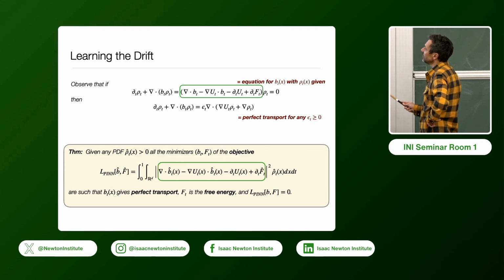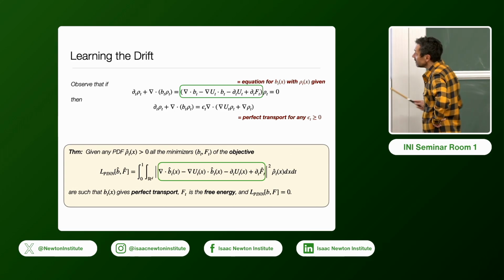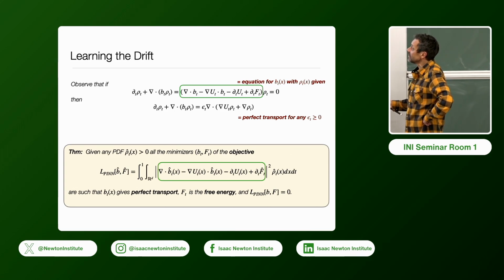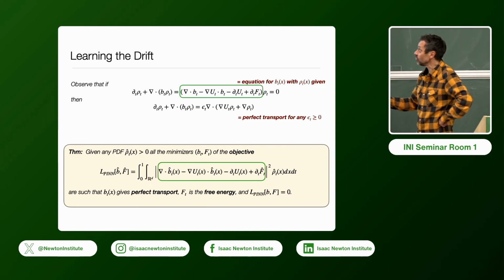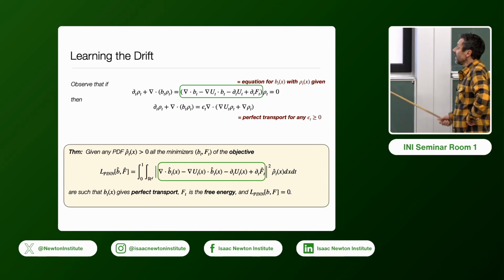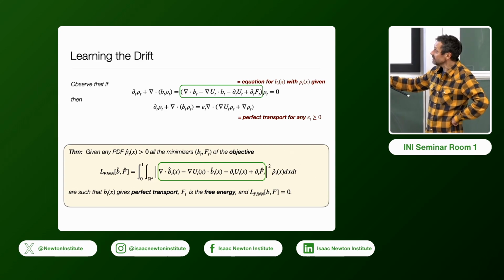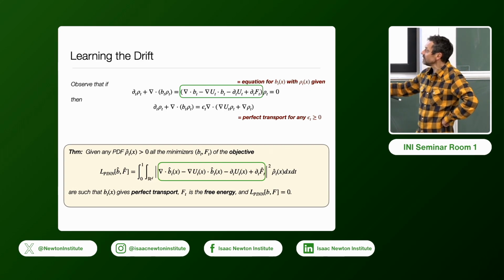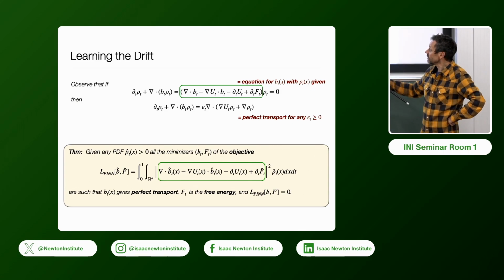Eventually, we will take that this PDF is that one, but for the moment, notice that the minimizer of this objective is 0 if and only if this is equal to 0. Okay, so you solve the equation. And so you can show that any minimizer of this is such that the minimizer gives perfect transport, so this is satisfied.